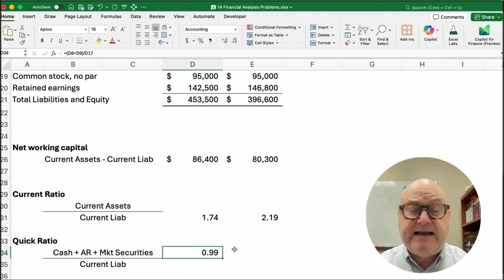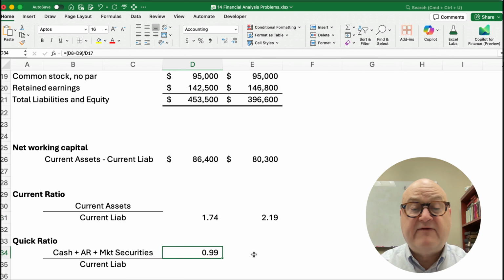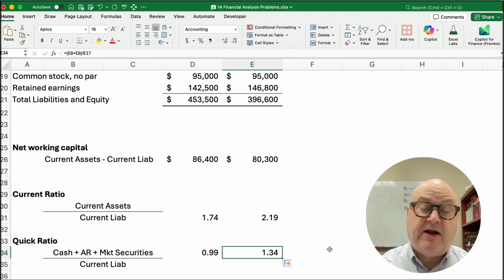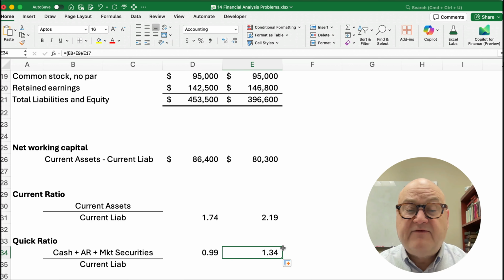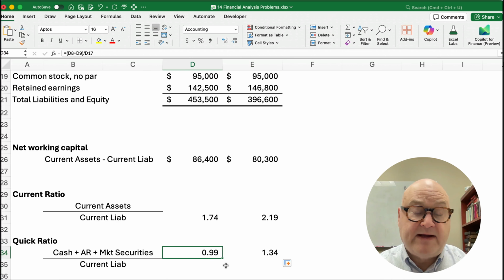It's 0.99. So here we have $1.74 of current assets, but here we only have 99 cents of the quick assets: cash, accounts receivable, marketable securities. Now let's see what it was the year before. The year before it was $1.34 for every dollar in current liabilities. So we have decreased our liquidity a little bit, because we've gone from 2.19 down to 1.74, and 1.34 down to 0.99.